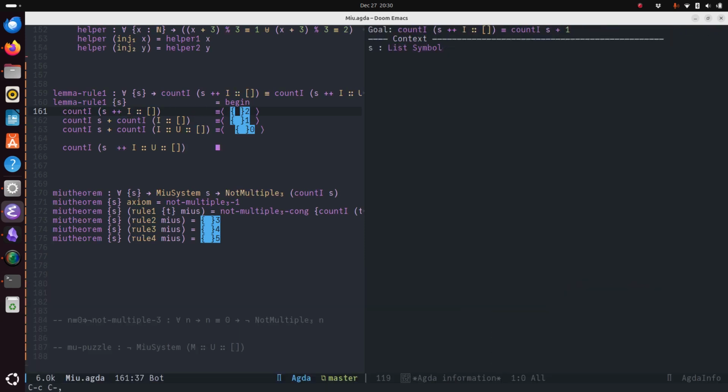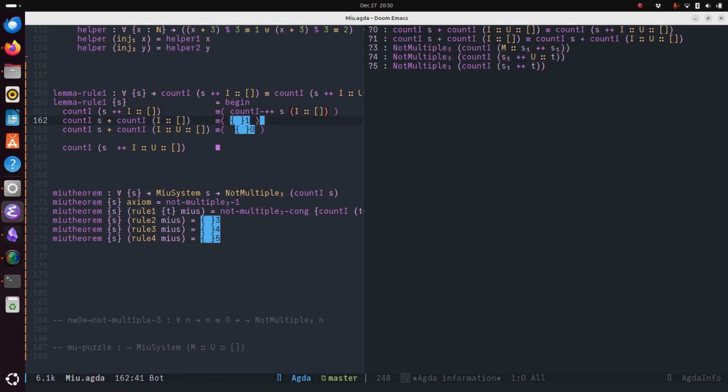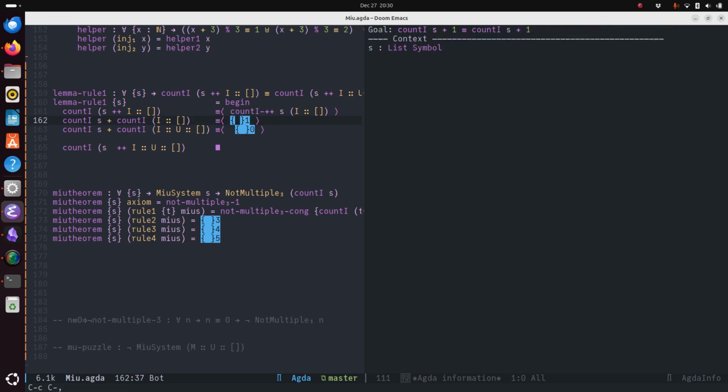So in the first step, what we need to prove is count I of s I equals count I of s plus 1, which we have already proved using the count I hyphen lemma. Right. So the first step is proved. Now here what we need to prove is count I of s plus 1 equals count I of s plus 1, which Agda will be able to prove automatically.